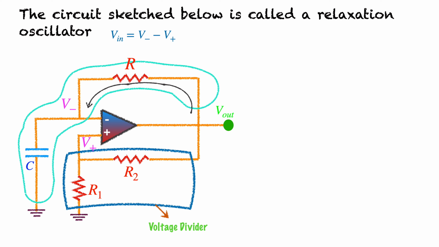Basically this is an unstable circuit, and with some minimum noise at the non-inverting terminal, our output voltage becomes positive and so the current will flow from V output to V minus. If somehow the noise is created at the inverting terminal, then the flow will be in the opposite direction.